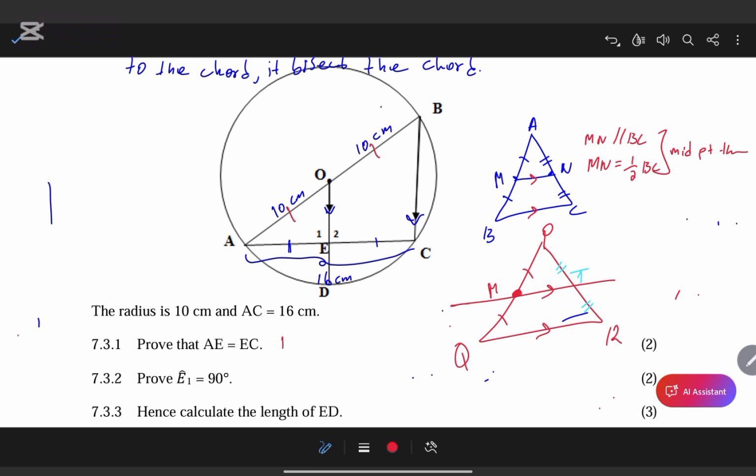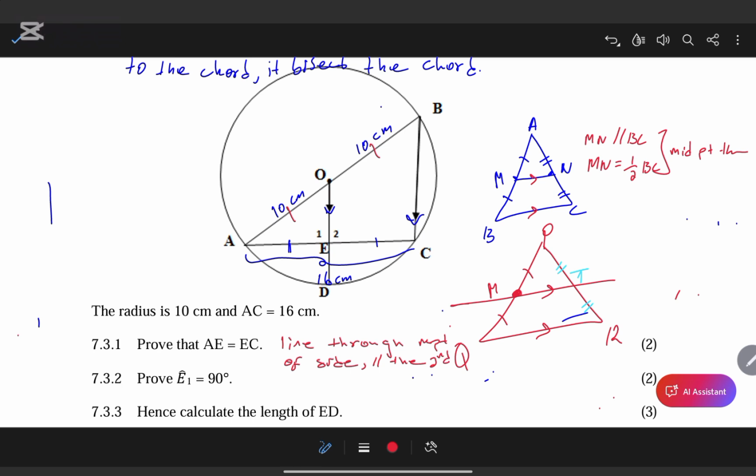Why? It is a line through the midpoint of a side parallel to the second side.